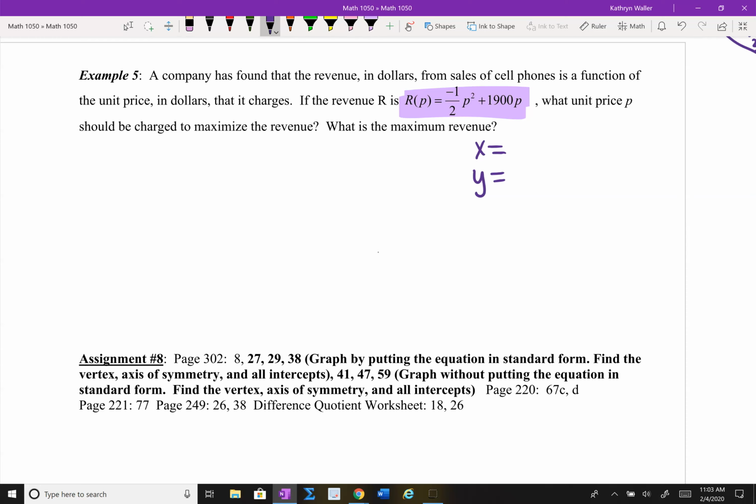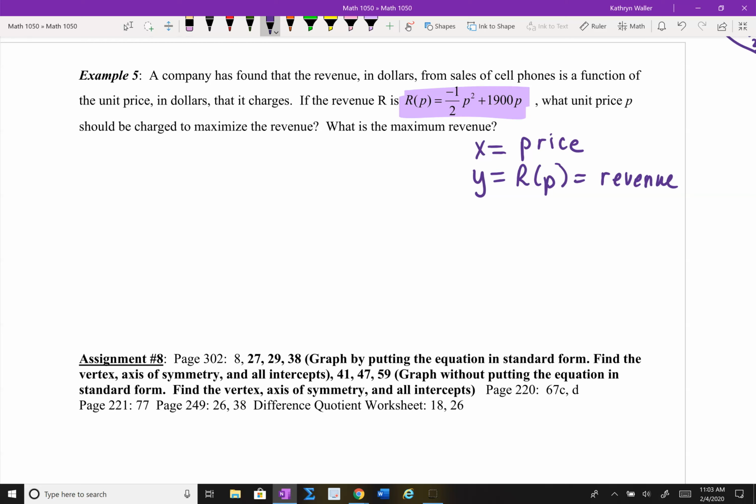I understand that, but your brain thinks in terms of x and y. What it's solved for is your y. So y is your R of P, which stands for the revenue. The x is represented by the letter P over on that right side, and that stands for price. Who says, I understand exactly what you're doing?